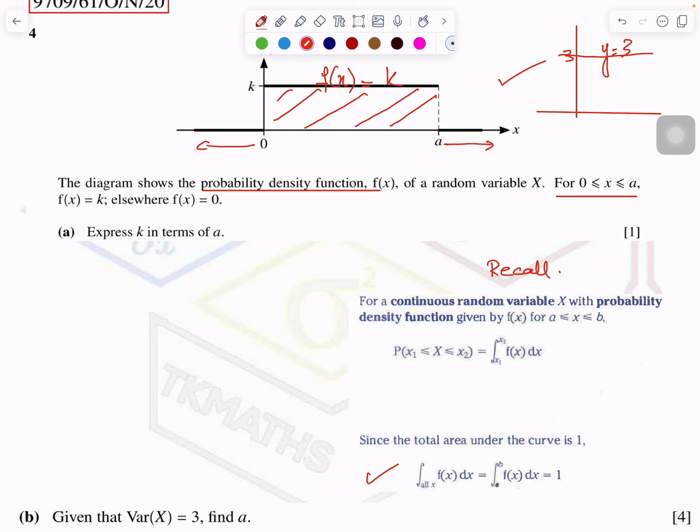So if you have to express k in terms of a, this is forming a rectangle straight away. So you can say k times a equals 1, right? So if k times a equals 1 and you have to express k in terms of a, it is straight away 1 over a, and that's why it has only 1 mark.